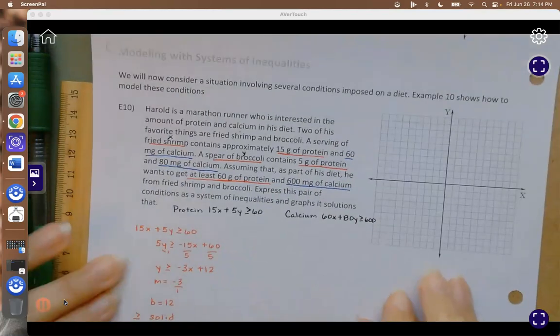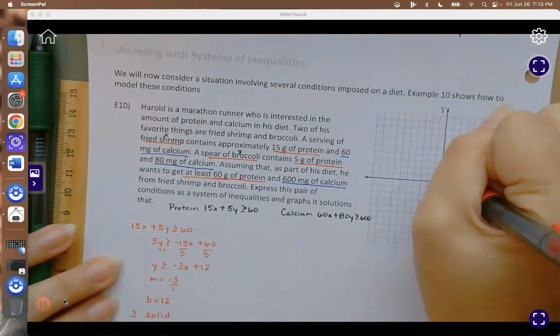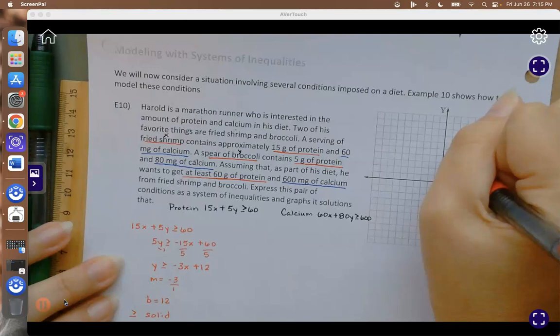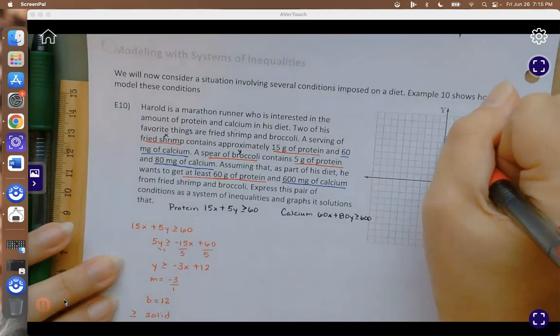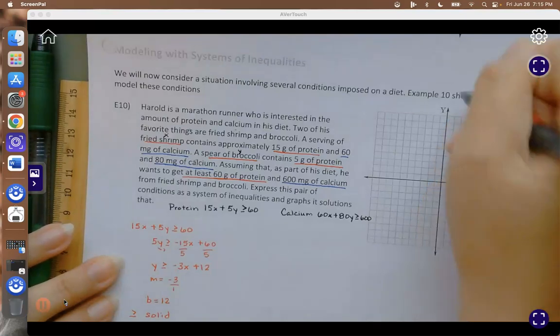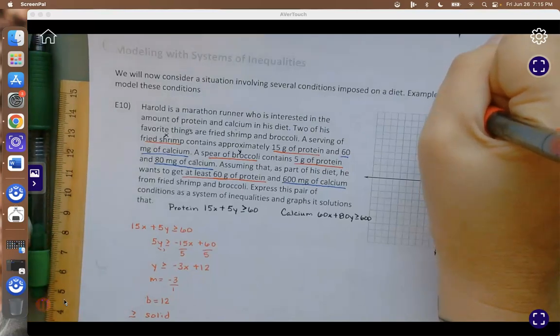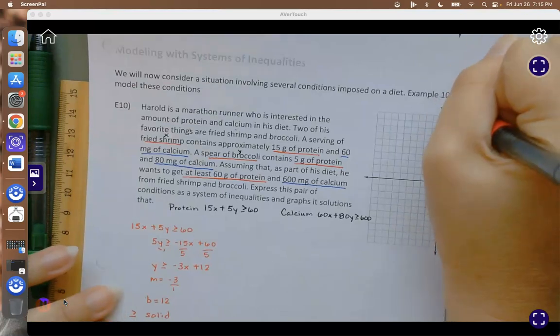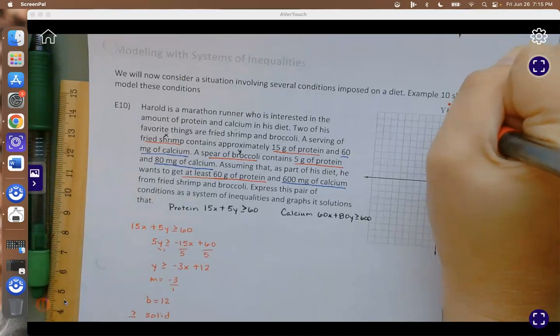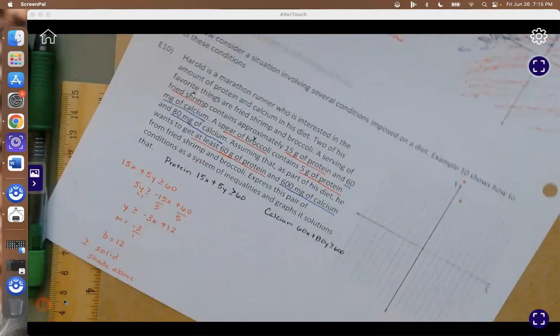Alright, so let's see what we can do with this. So 1, 2, 3, 4, 5, 6, 7, 8, 9, 10, 11, 12. Let's just go right about here for 12. Okay, then we're going to go down 3. So we go down 1, 2, 3. Okay. I don't know why they didn't make your graph big enough.